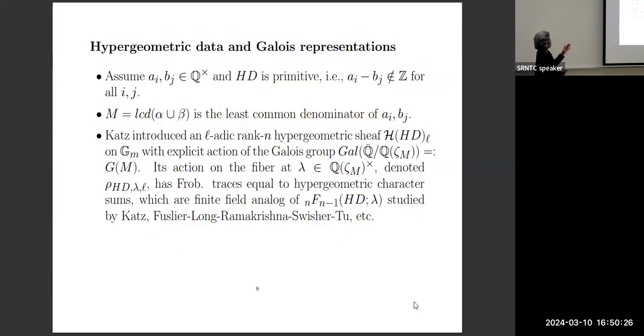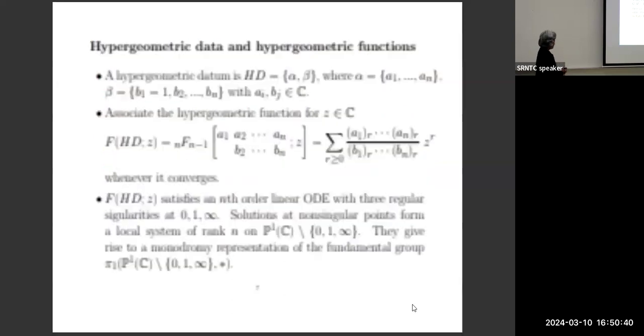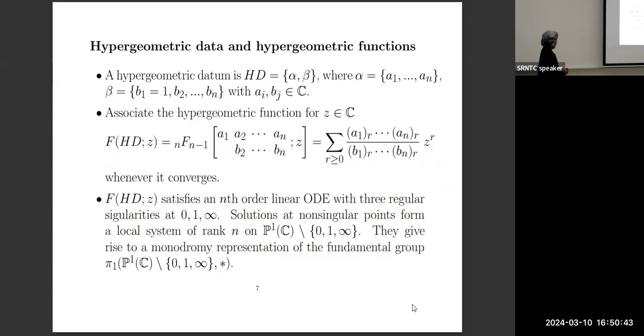There are also some differences between the algebraic side and the complex side. On the algebraic side, these Galois representations only depend on the parameters modulo the integers. Also, when you look at the hypergeometric function over the complex numbers, the order of the A's and the B's doesn't matter.